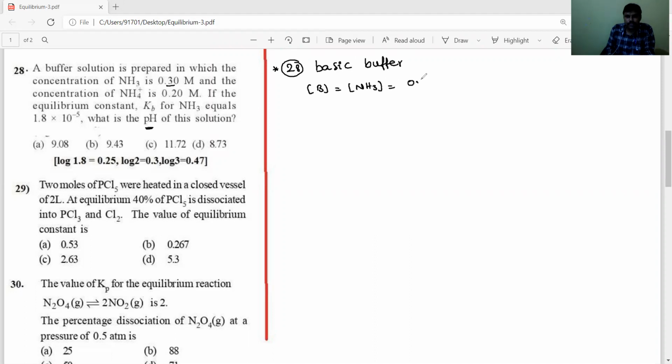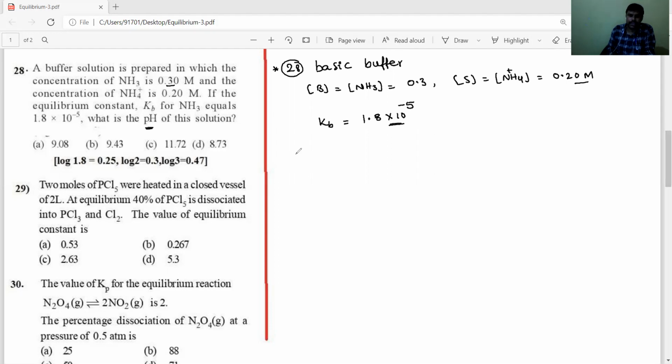And the concentration of salt, NH4 plus ion, they gave as 0.20 molar. Next, the base dissociation constant Kb they gave is 1.8 into 10 to the power of minus 5.